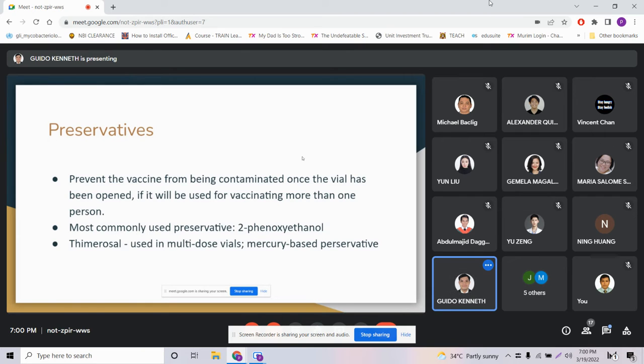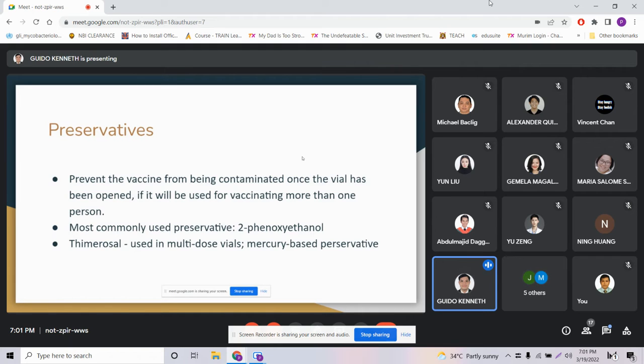Preservatives, on the other hand, prevent the vaccine from being contaminated once the vial has been opened, if it will be used for vaccinating more than one person. 2-phenoxyethanol is the most commonly used preservative, which can be found in baby products. Another preservative used in multi-dose vials is thimerosal.